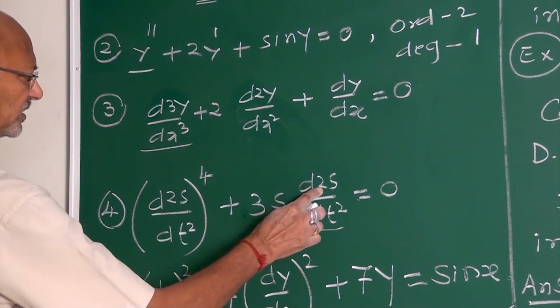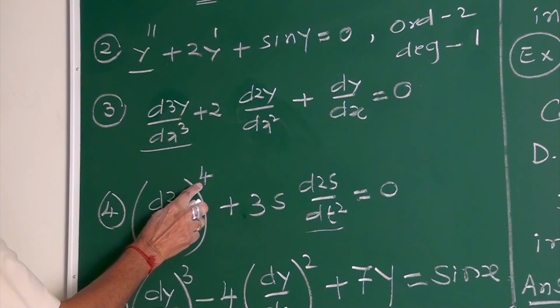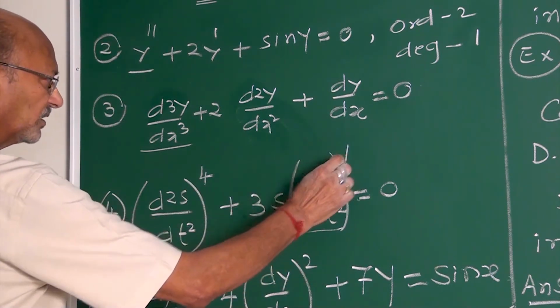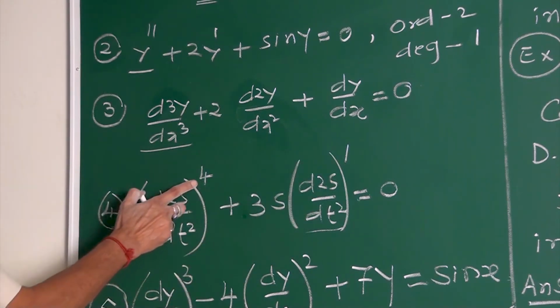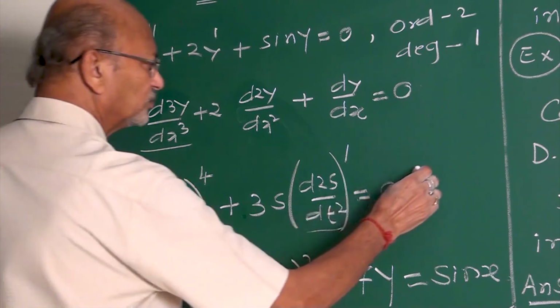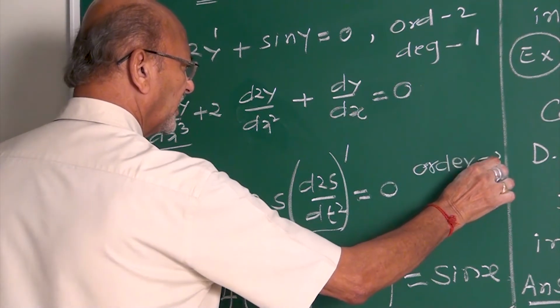Both are the same order. When the order is the same, you have to take the highest power. Here, the power of this is 1. Among the two, which is the highest? 4. So in this case, order is 2 and degree is 4.